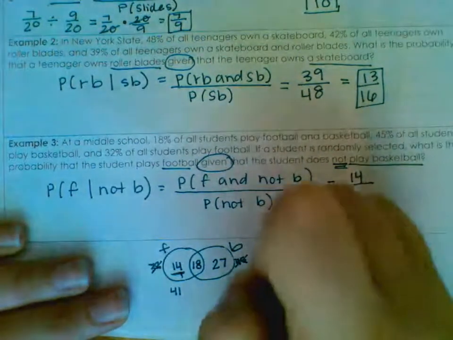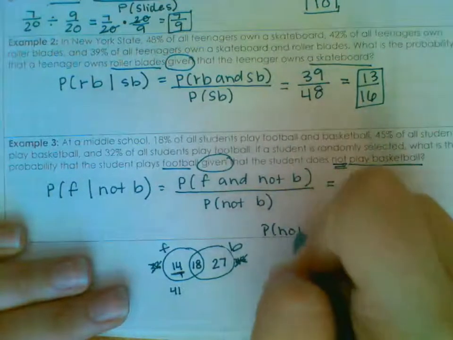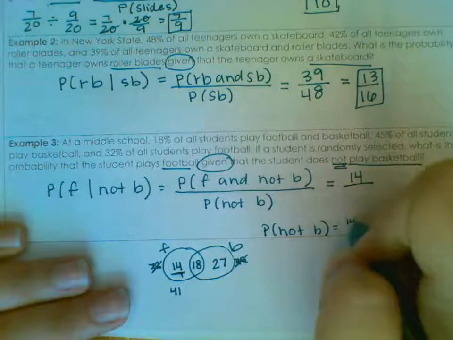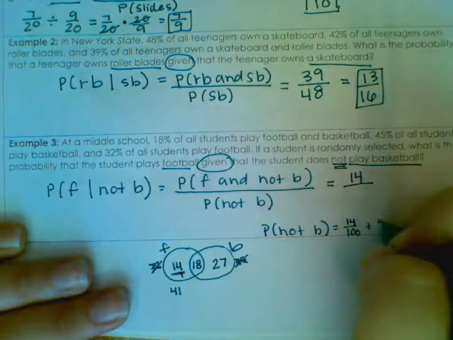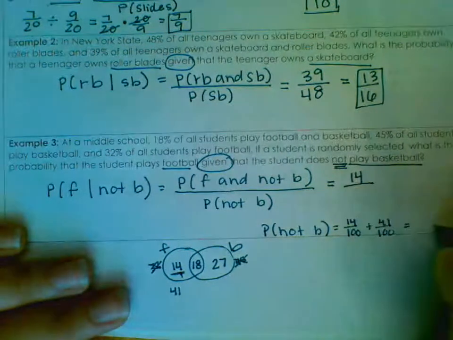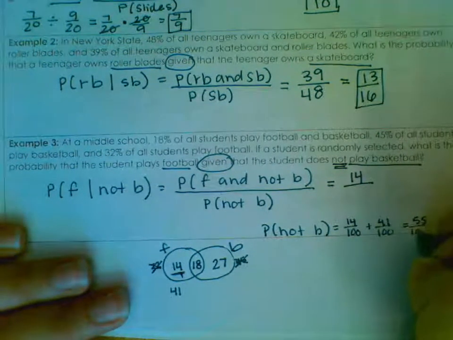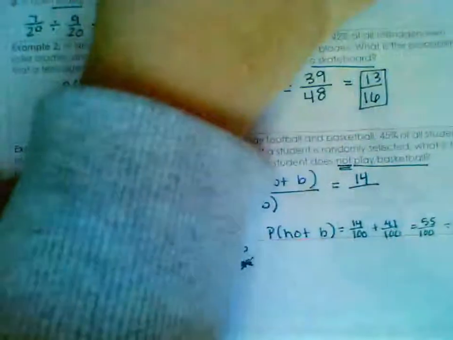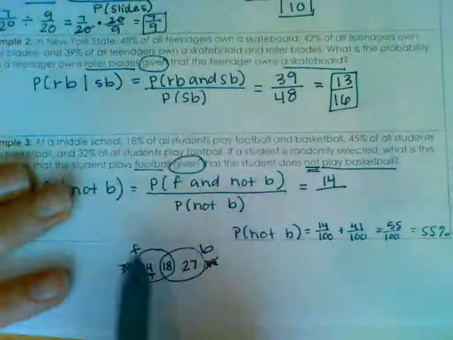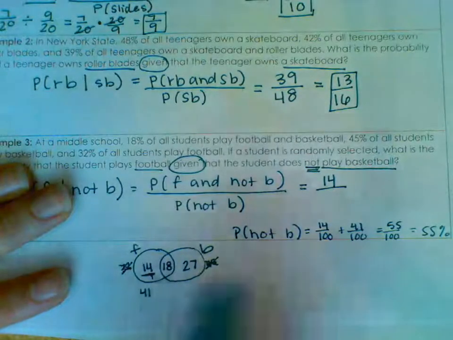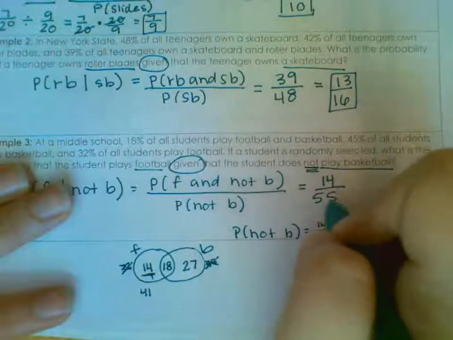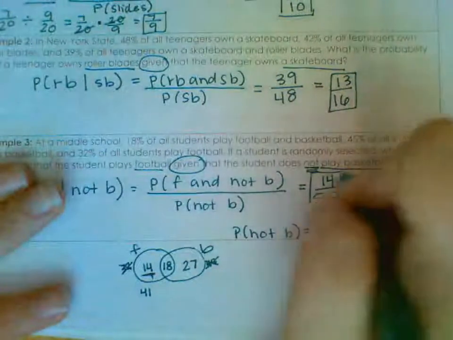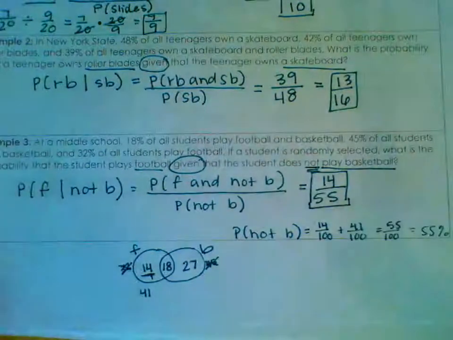So the probability of not basketball is going to be that 14 out of 100 plus that 41 out of 100. That's 55 out of 100, or 55%. That 55% of people do not play basketball at all because they are not inside of that circle. So that 55 is what goes on the bottom. Now let's double check, see if it reduces. It does not reduce. So that is our answer.